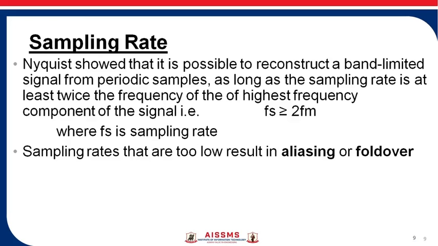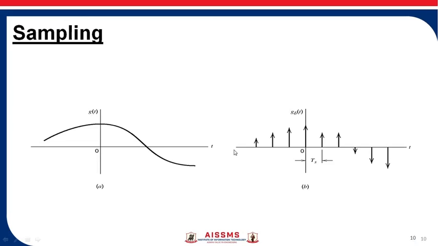If the sampling rate is too low, it generates aliasing or fold over error. So here you can see the sampling process. This is the continuous time signal and it gets sampled at regular time intervals, and that time interval is Ts.